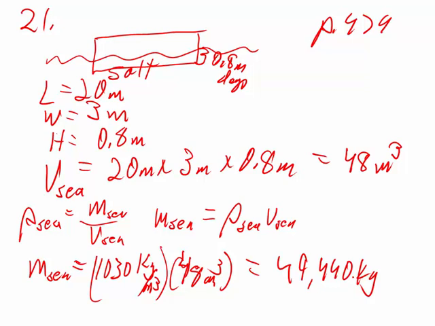Now the densities are not the same, but look, if it's going to displace 49,440 kilograms of seawater, then y'all, it has to displace 49,440 kilograms of fresh water. Why? Because the weight of the ship is the same.